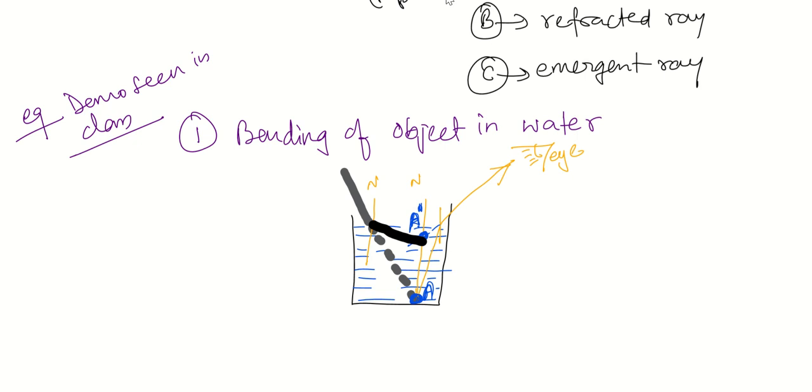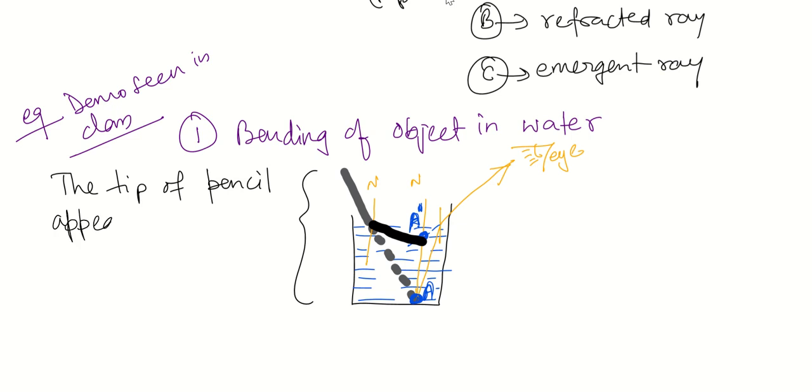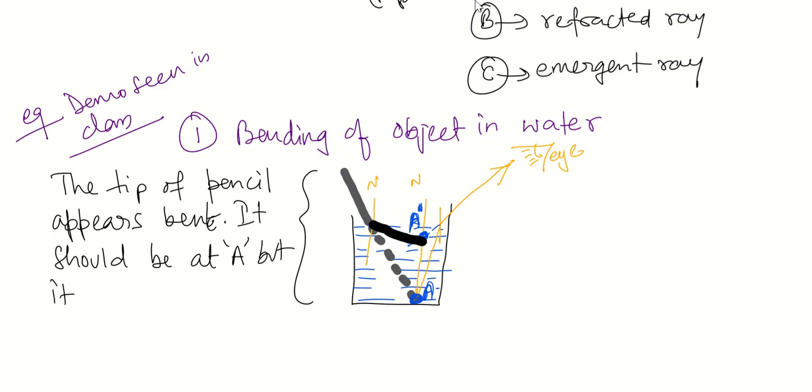So because it bends, the tip of the pencil appears bent. It should be at A, but it is visible at A dash.